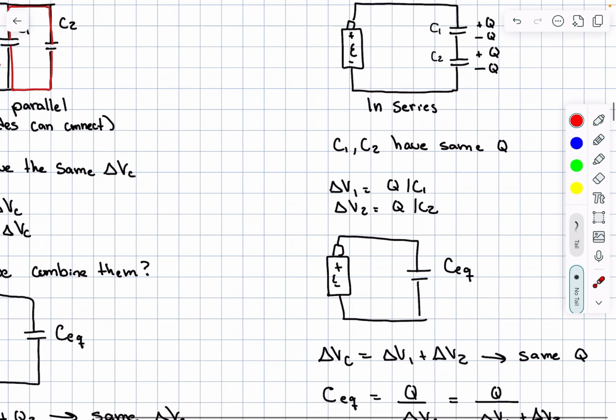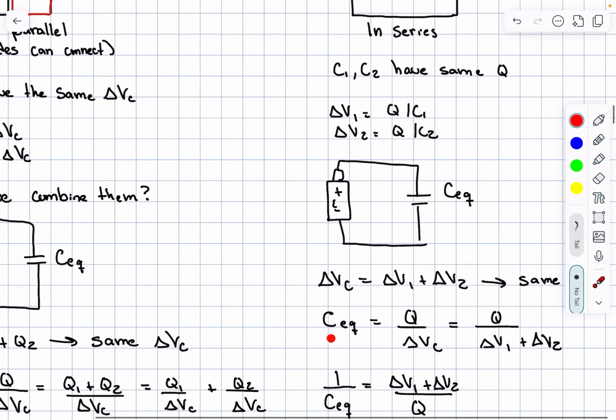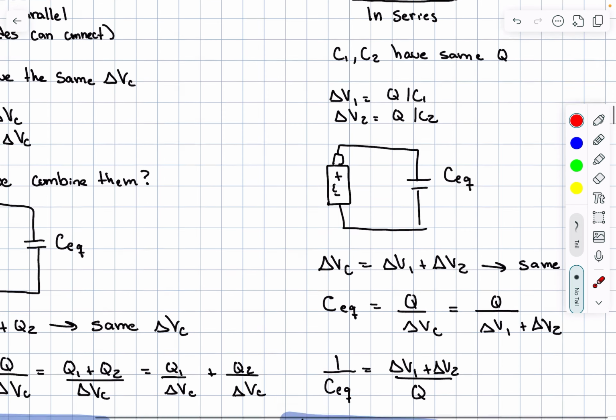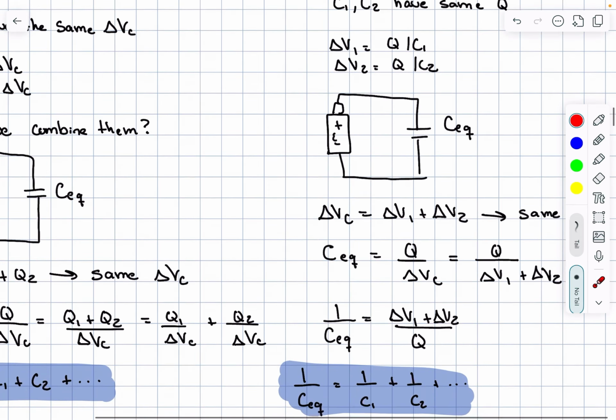Same idea, we want to figure out, well, what's the equivalent capacitance? We write that out here, so C equivalent, Q divided by delta VC. We know that delta VC is equal to delta V1 plus delta V2, and everything has the same amount of charge, so the equivalent capacitor is going to have the same amount of charge anyways. And then we want to take these equations up here and plug them into this equation.